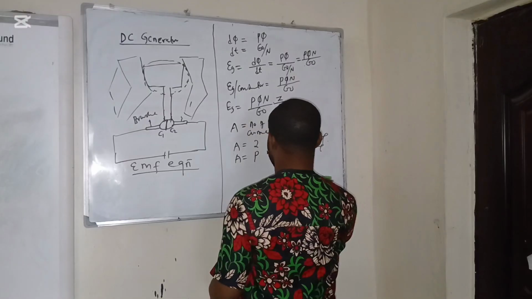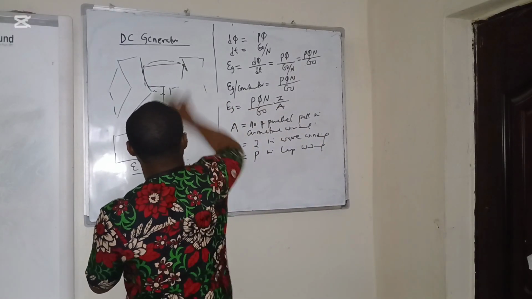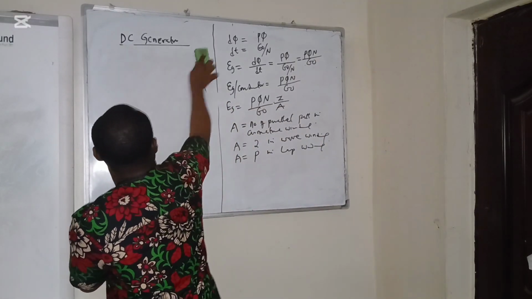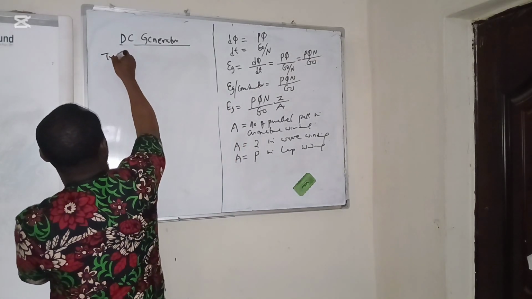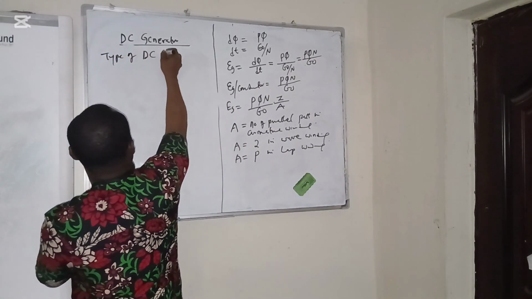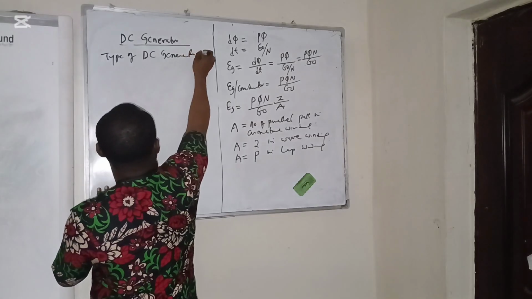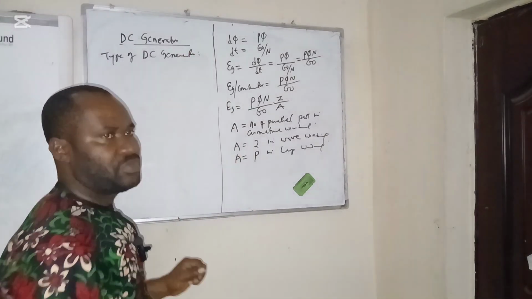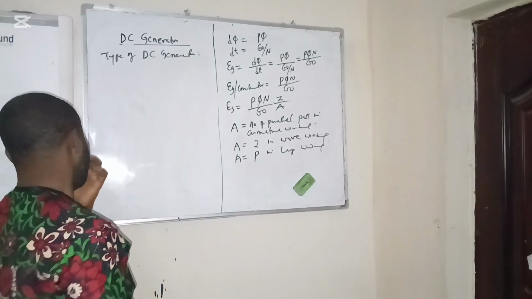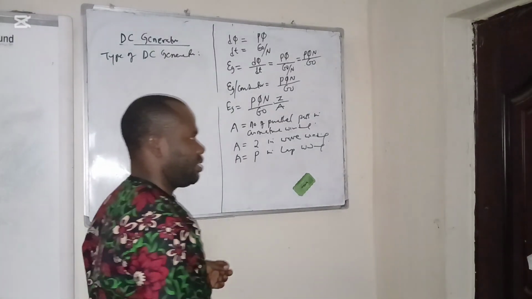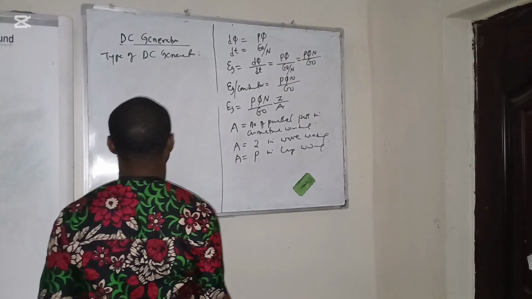So the next on the list, we want to look at types of DC generator. We have two types depending on the position of the excitation, the field windings.